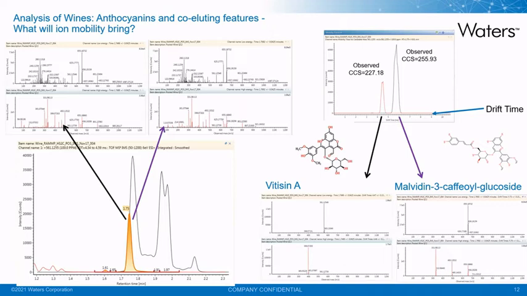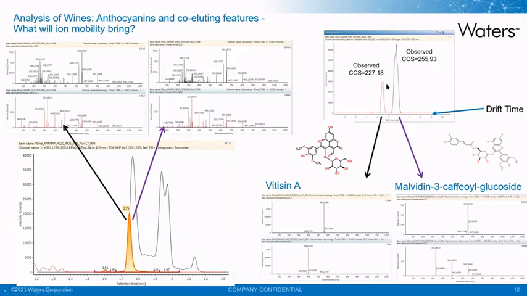But moving across to the top right of the screen, we have a mobilogram showing these two precursor ions being separated by drift time and possessing different CCS values. So you have one at 227.18 and one at 255.93.